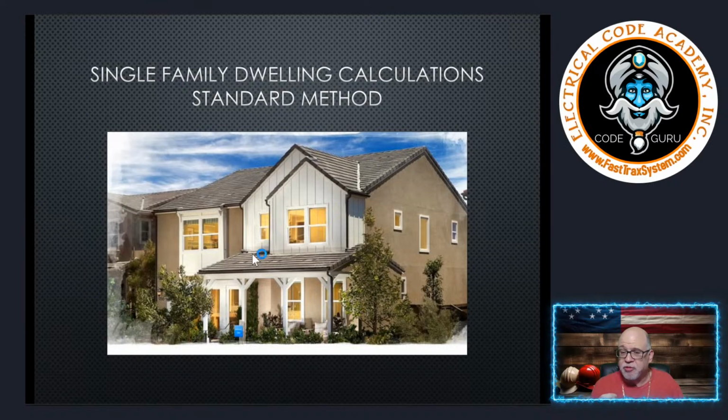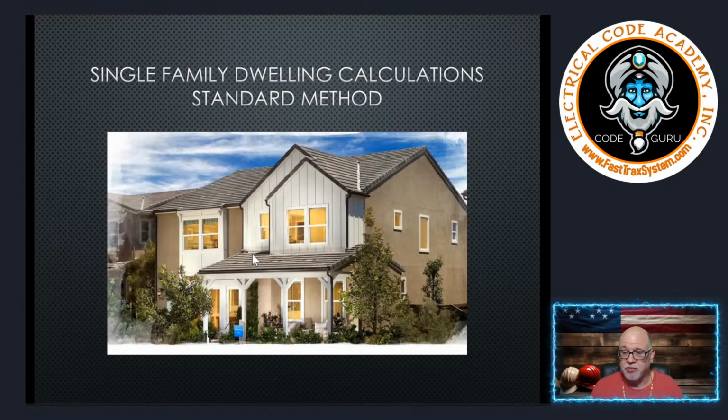Now, the optional method is much easier. If you fumble up on the optional method, then you really need to take a step back, right? Because if you think about it, with the optional method, you're simply taking the nameplates of everything. And you don't have to worry about the first 3,000 at 100%, the next 117,000 at 35%, anything over that at 20%. You really are just taking the nameplate values from everything.